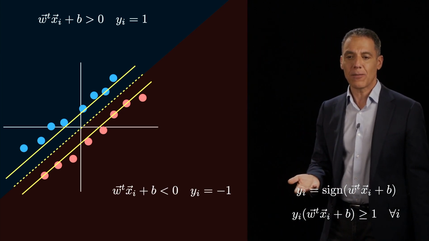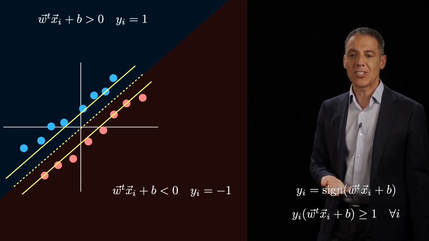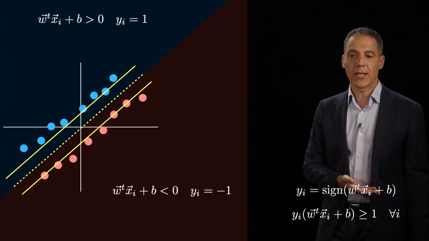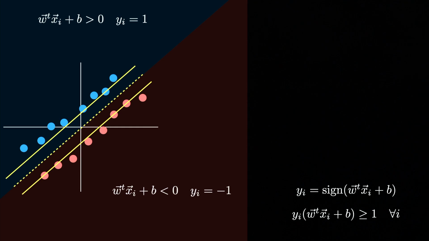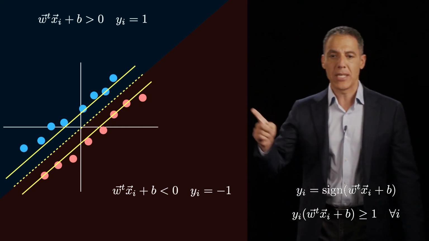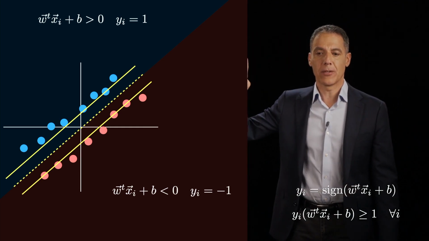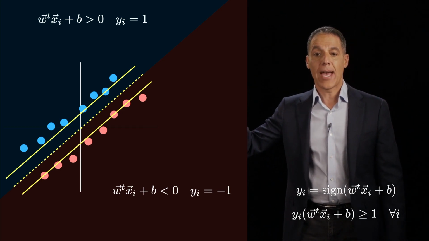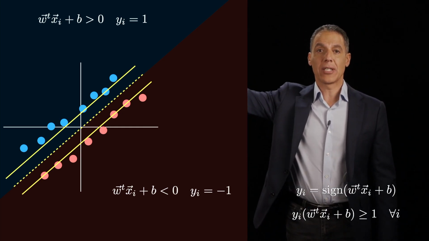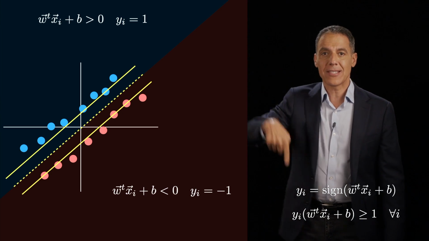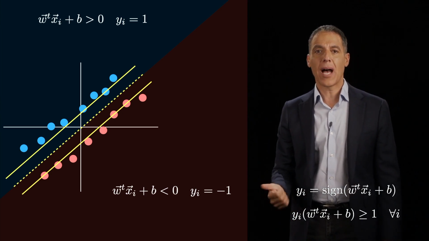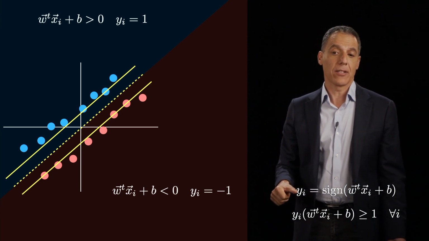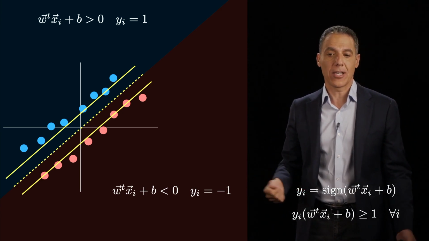Let's define y sub i to be the sign of this dot product. Well, let's see what we're doing here. So what is the dot product? w times x plus b. That's what I've been showing you over here. So we've already agreed when that is greater than 0, I'm in class 1, and when it is less than 0, I'm in class negative 1. So we can just define y sub i to be the sign of that, and then y is the class label.